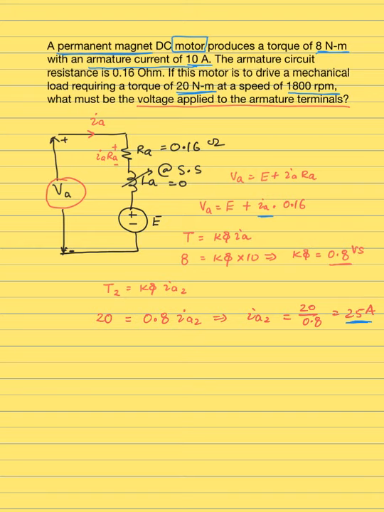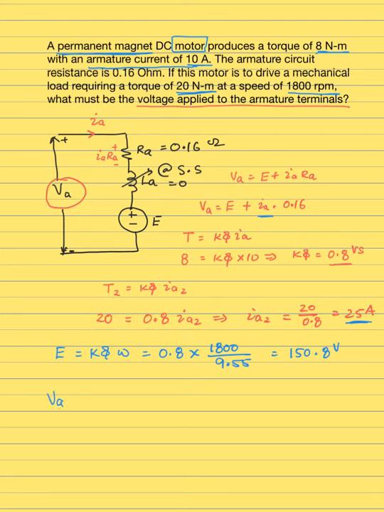Then still my E is left. So in the E equation, everything is known, K phi omega. K phi is 0.8, and the machine is running at 1800 RPM speed. So 1800 RPM converted to radians per second gives you 150.8 volts.